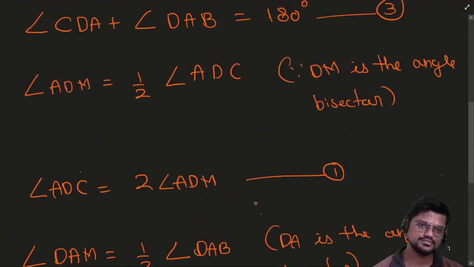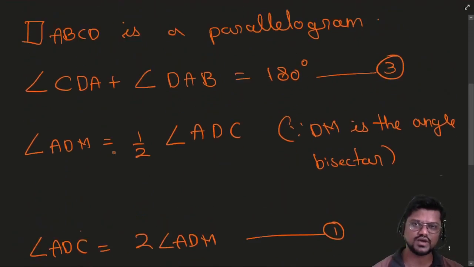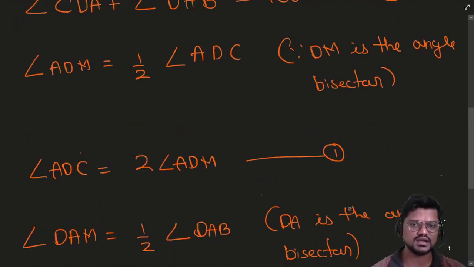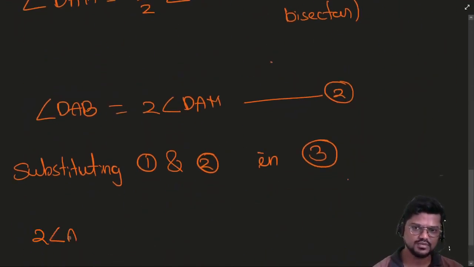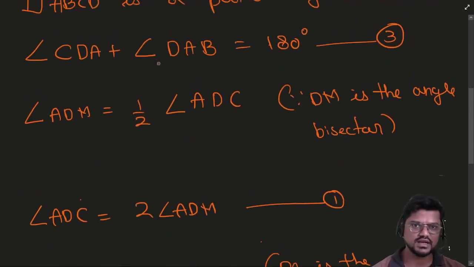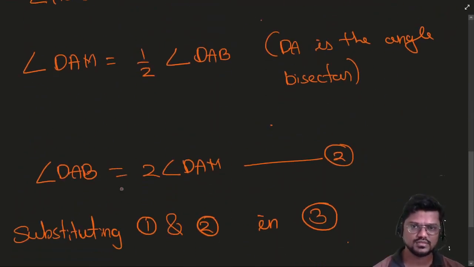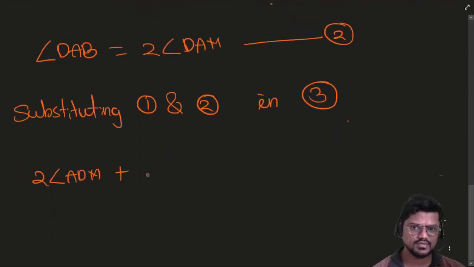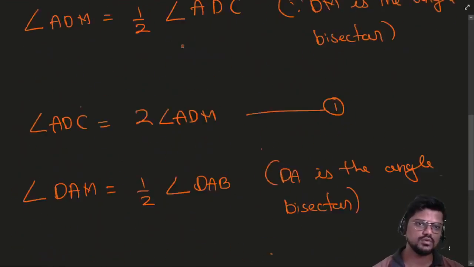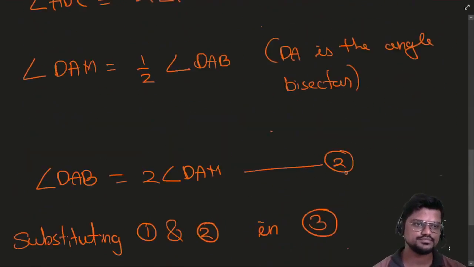Angle ADC is twice of angle ADM, so instead of CDA, I can write twice of angle ADM, plus, instead of angle DAB, twice of angle DAM, is equal to how much? 180 degree.